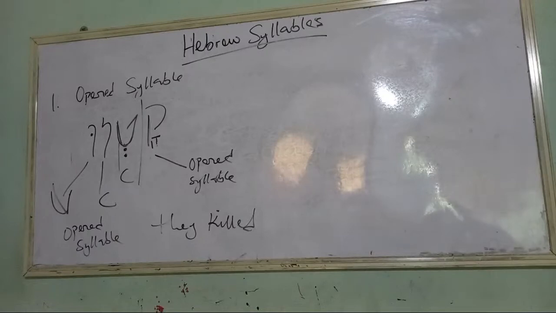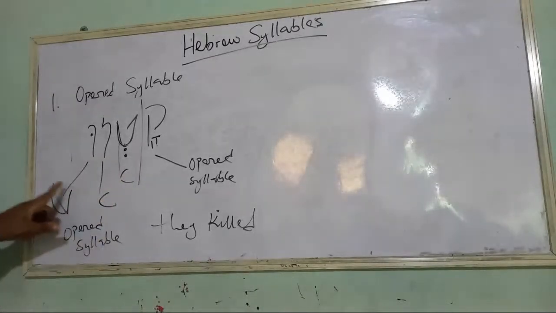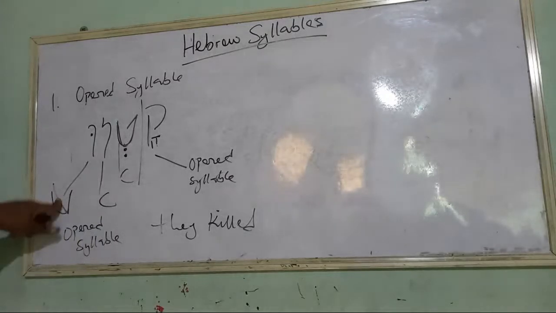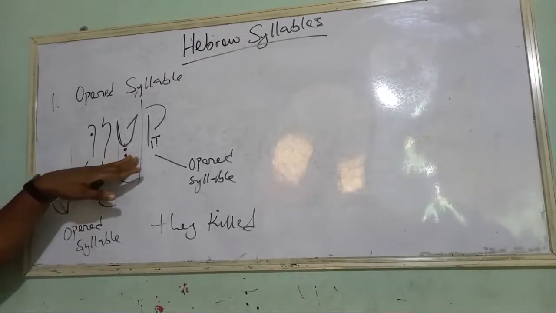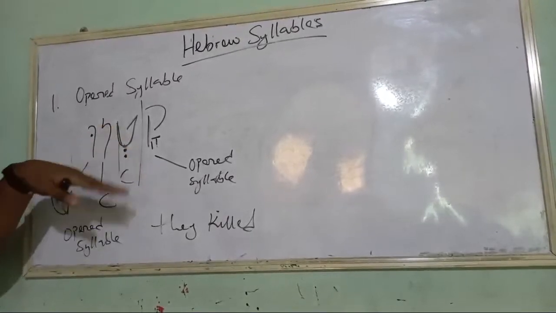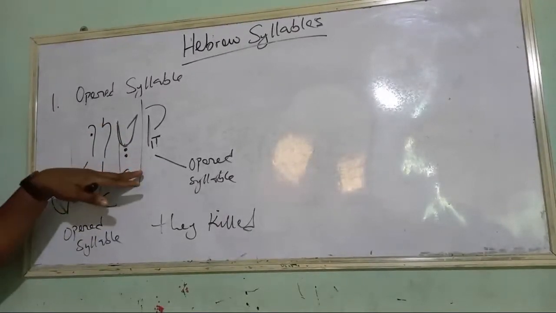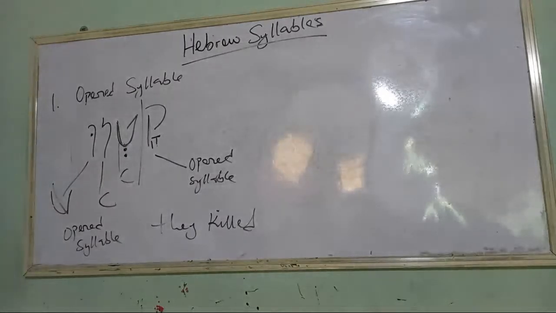So those are the 4 clues to detect if a syllable is open. Number 1, the pattern will be consonant plus vowel. Then it can also be consonant plus half vowel, which occurs when there is the presence of a half vowel in the syllable.